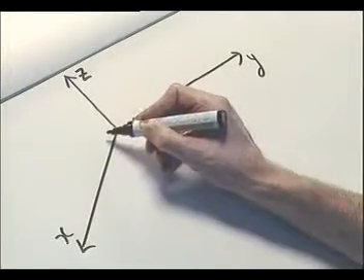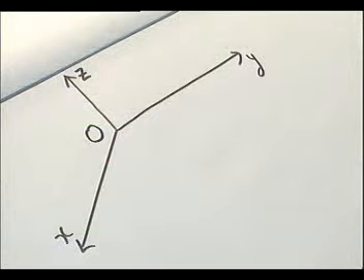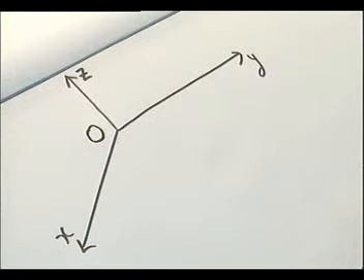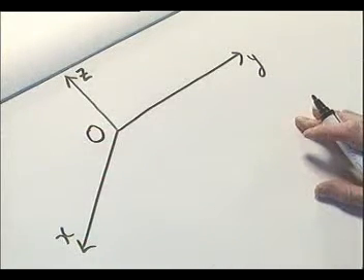I'll always write z with a bar through it. That's so it doesn't get mixed up with 2. I don't want the letter z being confused with the number 2. So I've got these 3 axes, all at right angles to each other and meeting at this origin O. And of course I'm going to describe any point P by 3 coordinates, x, y, and z.